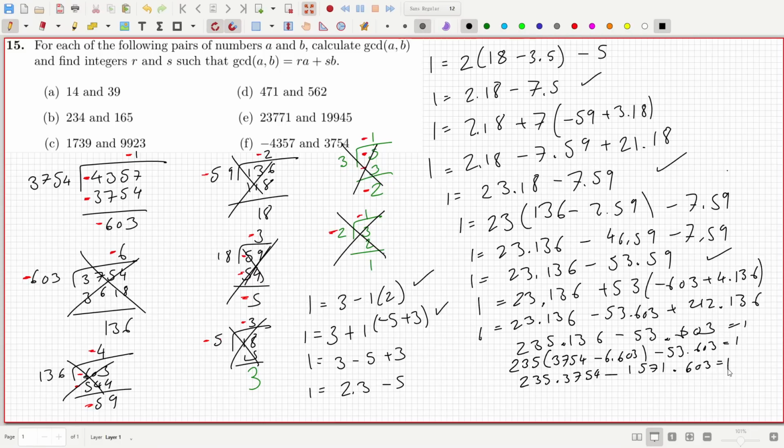No, not again. 136 is 3754 minus 6. Let me see. 235. 3754 minus 6 times 603 minus 53 times 603. Yeah, that's 1. 235 times minus 6 minus 53. Oh, no, that's wrong. It's minus 1463 here.